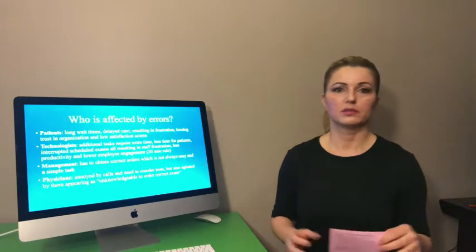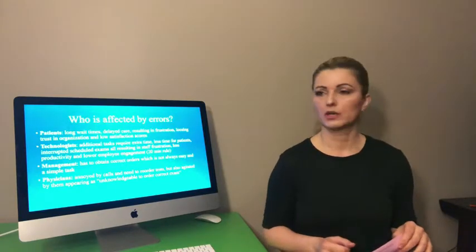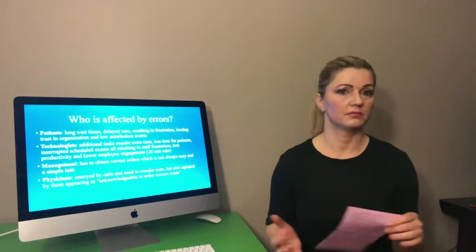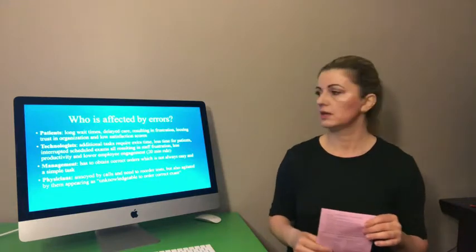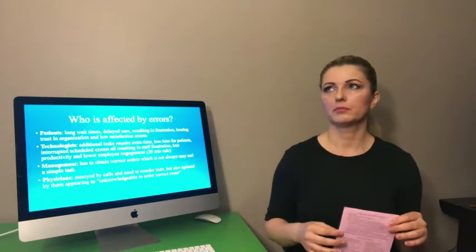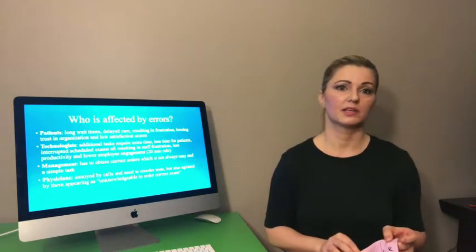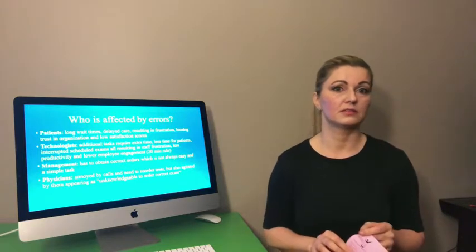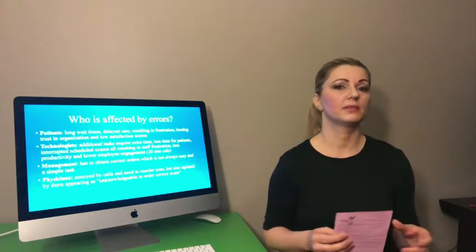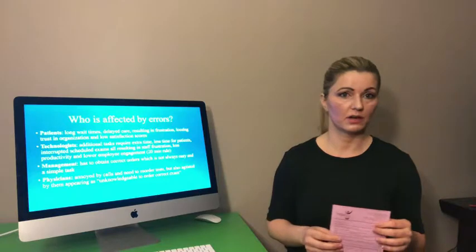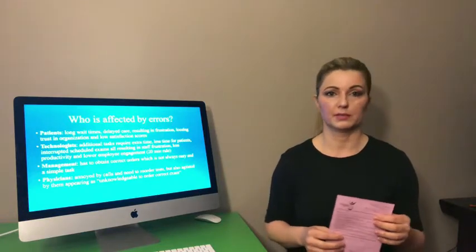Who is affected by all these physician order errors? Of course, patients are mostly affected by this. A mammography exam is scheduled sometimes weeks and months ahead, and many times patients have to take days off work to come to this appointment.